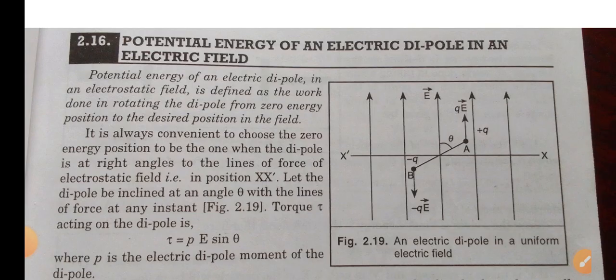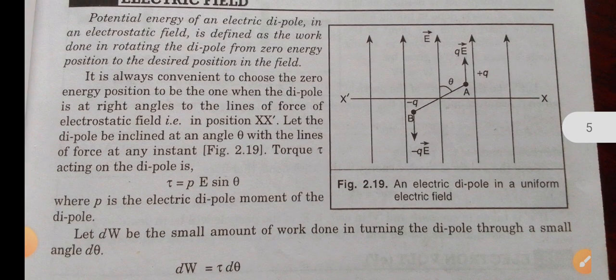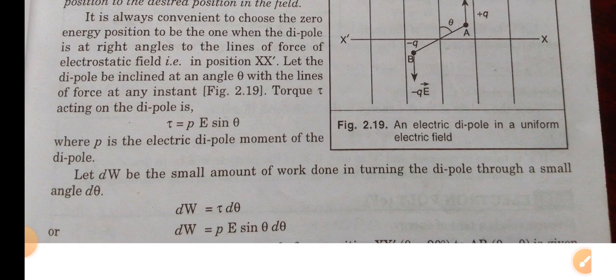So tau is equals to pE sin theta, where p is the electric dipole moment of the dipole. Let dW be a small amount of work done in turning the dipole through a small angle d theta. So dW is equals to tau d theta, and dW is equals to pE sin theta d theta.